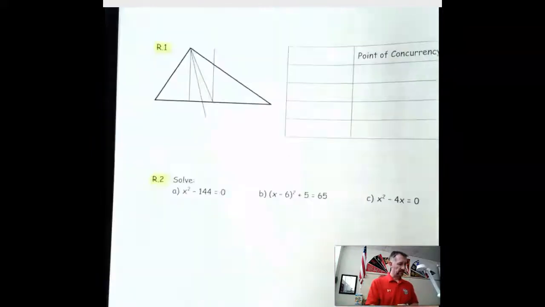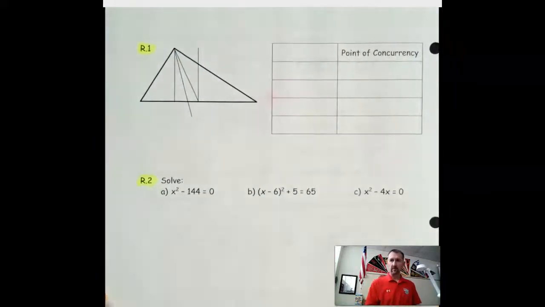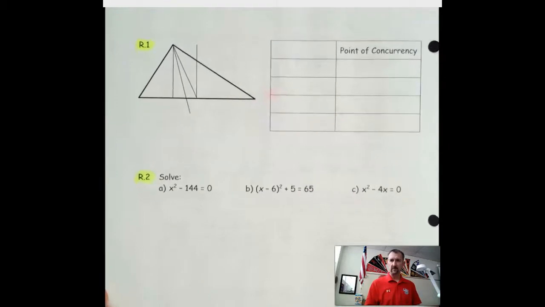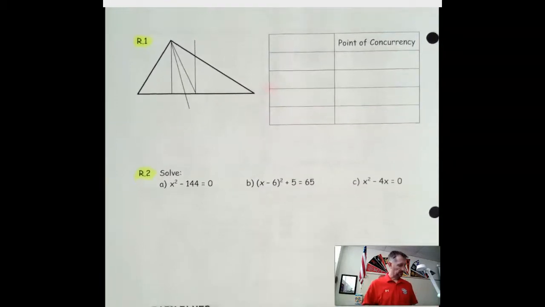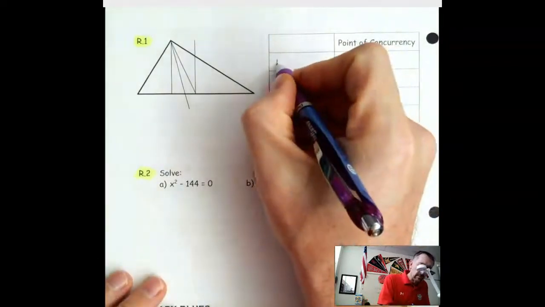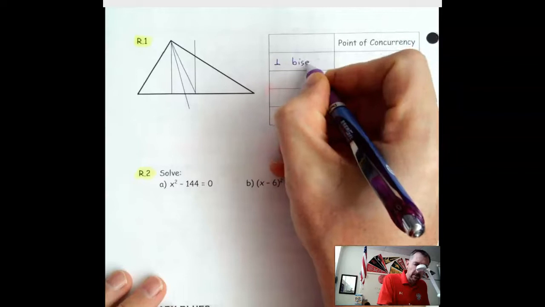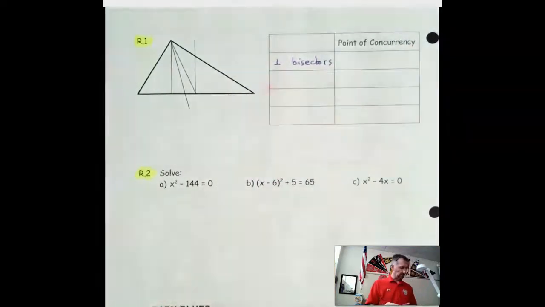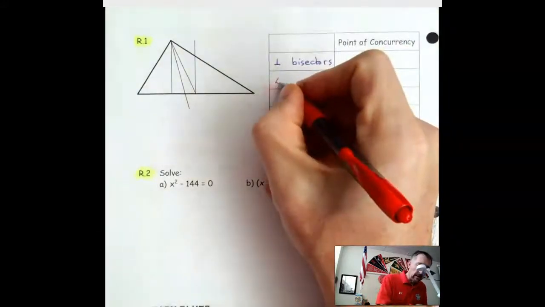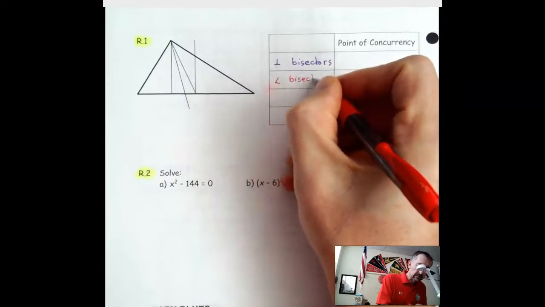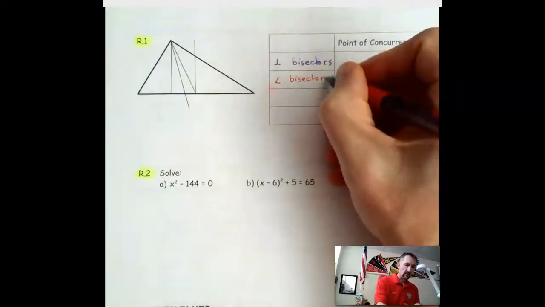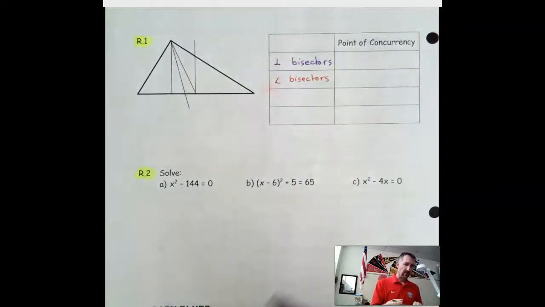Now, a couple of review things here. So we want to review all of the segments inside of a triangle. Okay. And we want to fill those out, and we can try and go in order. So the very first one we learned about was perpendicular bisectors, and then we learned about angle bisectors, and then we learned about medians.